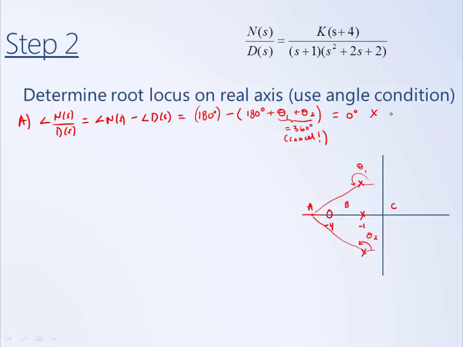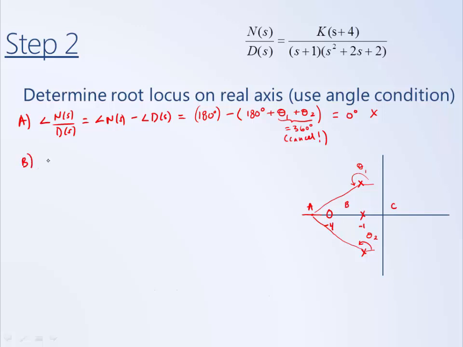It does not, because what we need is for the angle to equal minus 180 degrees plus or minus some multiple of 360. 0 is not equal to minus 180 plus or minus some multiple of 360. So that means our root locus is not located in the region A. If we pick a test point here and sub it into our open loop transfer function, it will not satisfy the angle condition and the magnitude condition. It will not equal minus 1 over k for some value of k between 0 and infinity.